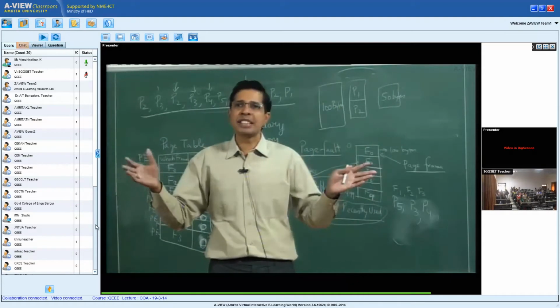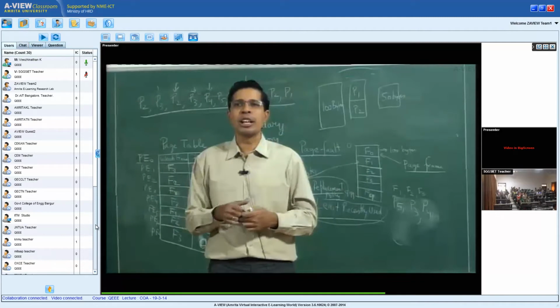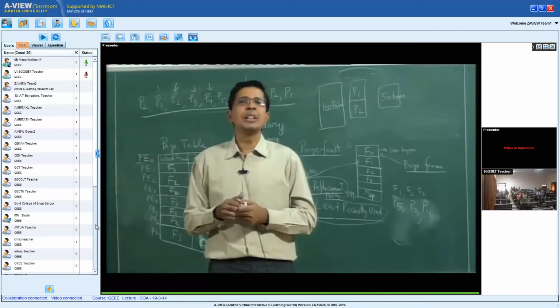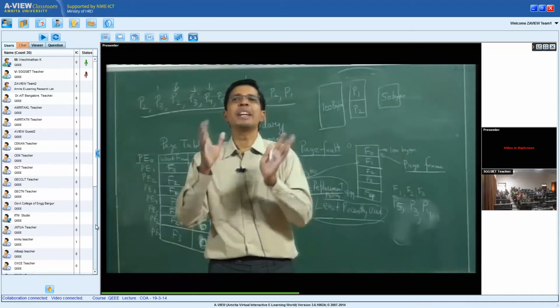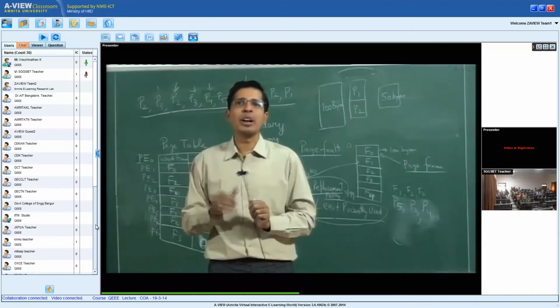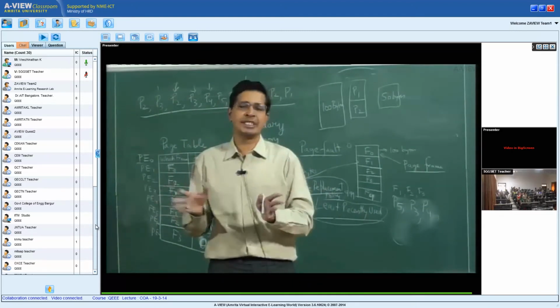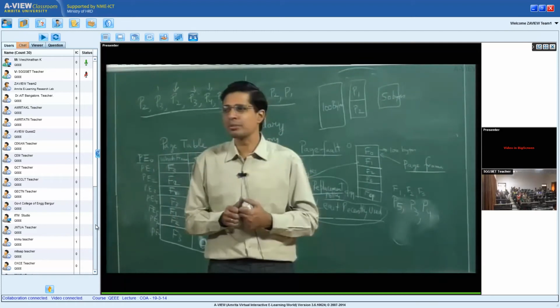Thousands of papers have been written on these policies. Thousands of professors have got tenure track showing those papers. Thousands of students have got their PhD. But in the ultimate analysis, nobody can say this is best, because I can always find a counter example that will kill it. Nobody can say it is worst, because I can always find another counter example which will make that policy work well.